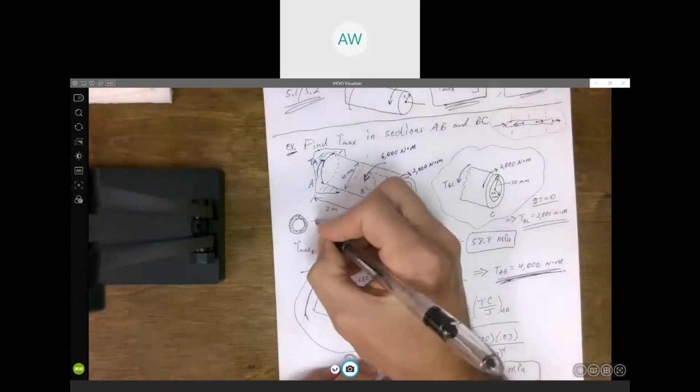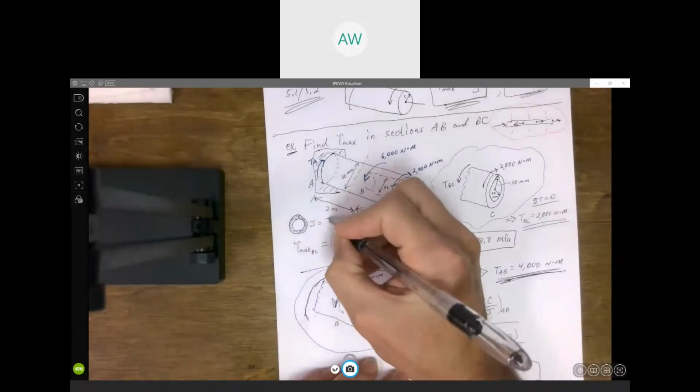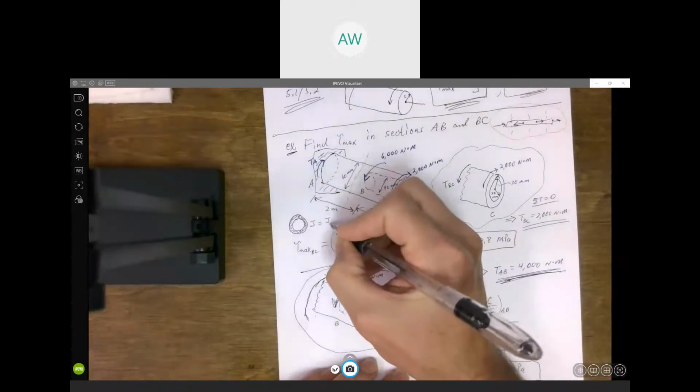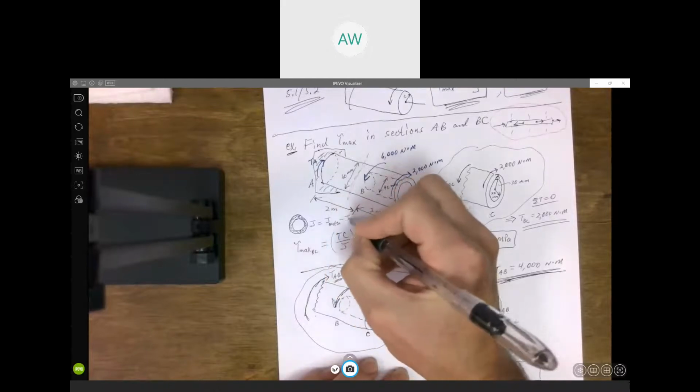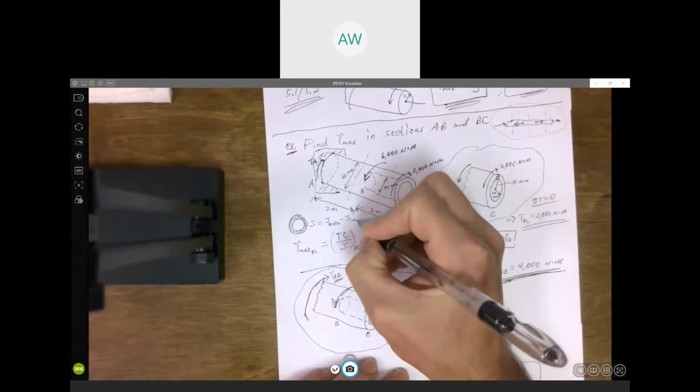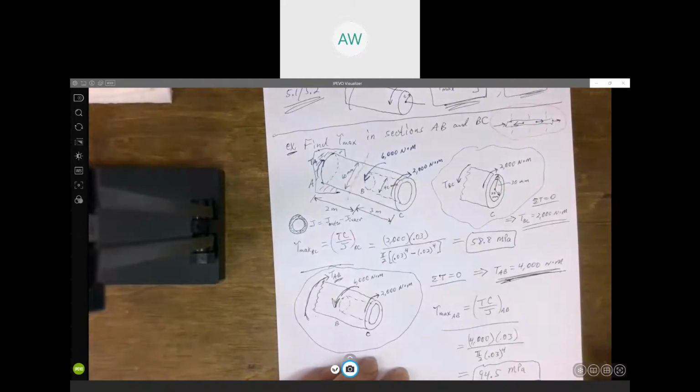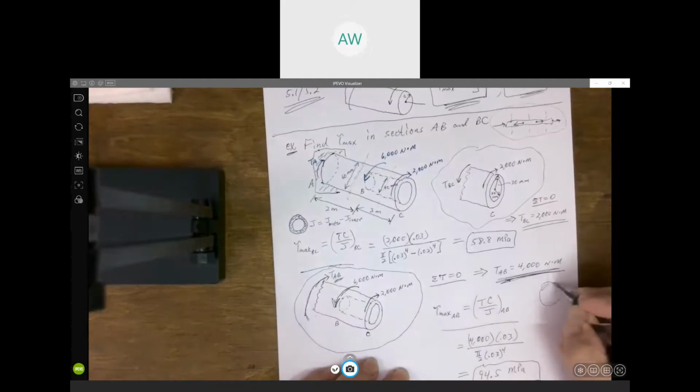To get J, you're going to take the outer minus the inner. You're subtracting the moment of inertia of that hole. Whereas when you look at AB, it's solid.